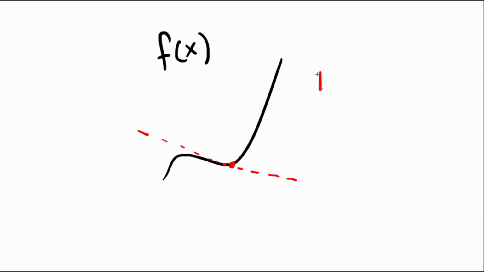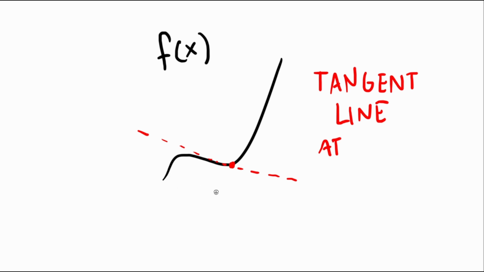Or in other words, the tangent line at, let's say this is at 3. Basically, you want to find the tangent line at x equals 3, which is another way of saying that you want to find the slope of this imaginary line at x equals 3.